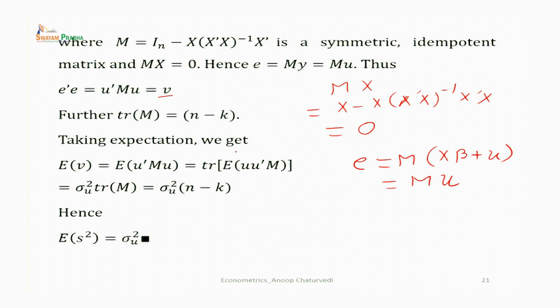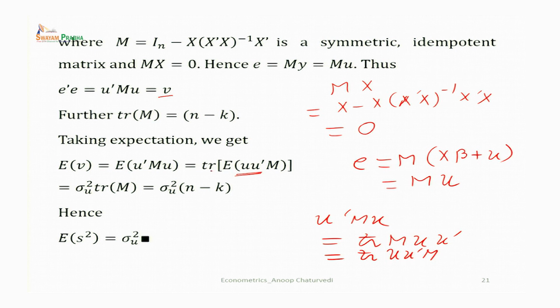Then if we take expectation of V, which is equal to expectation of U transpose M U, and then we write U transpose M U equal to trace of M U U transpose, and then we take expectation, or you can also write it as trace of U transpose M. Both are same. And then we take expectation of U U transpose is sigma square U I n, and we take sigma square U outside.